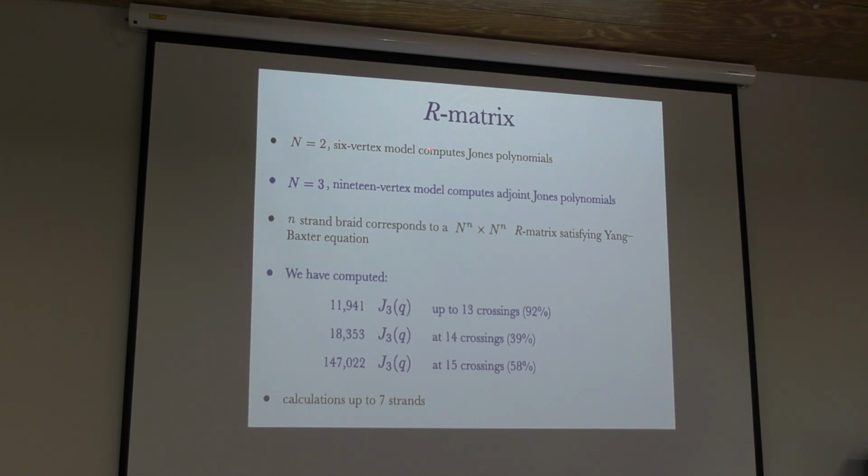For 2 colors, the 6 vertex model computes Jones polynomials. For 3 colors, you get a 19 vertex model to compute the adjoint Jones polynomials. And if you have a braid with n strands, this corresponds to an N to the n by N to the n R matrix, which satisfies the Yang-Baxter relation. Because of this scaling, you can only do calculations up to 7 strands. When we've done these calculations, we construct data sets of adjoint polynomials. We get 92% of them at 13 crossings, and then some fraction of them at higher levels.